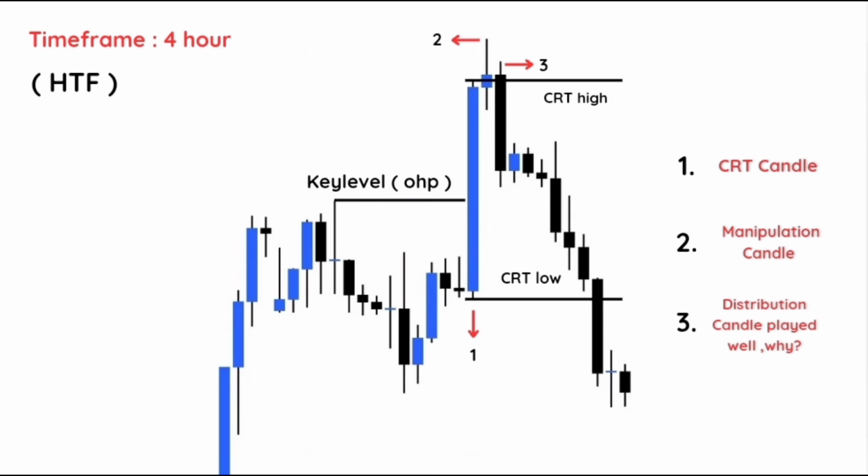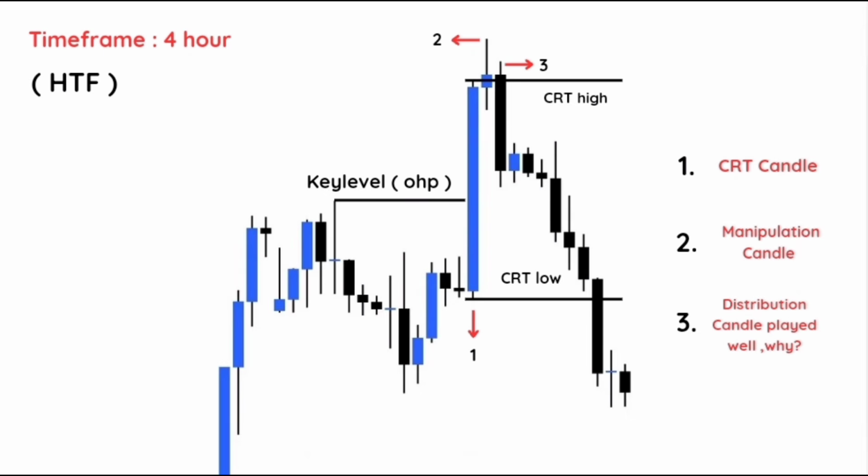Now let us see another chart example. Again, for our chart, where we gonna choose our CRT candle and our clean key level.